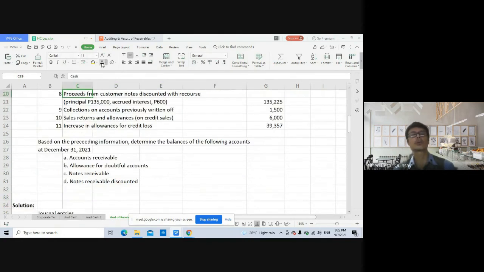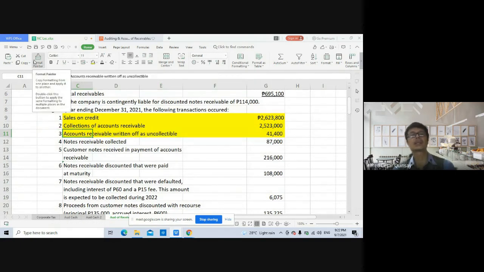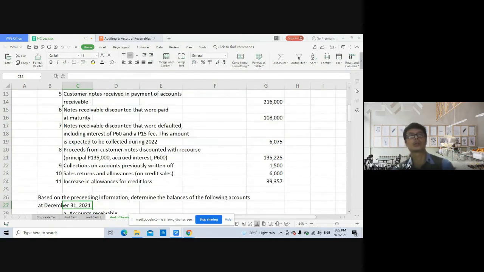Okay, now the third one, accounts receivable written off as uncollectible. No? Okay, accounts receivable written off as uncollectible. Ayan, so we're going to take that up.